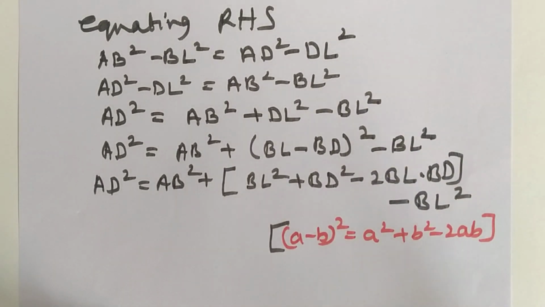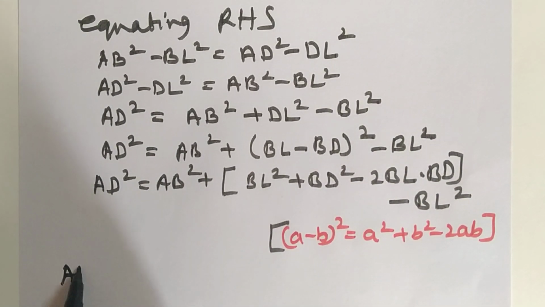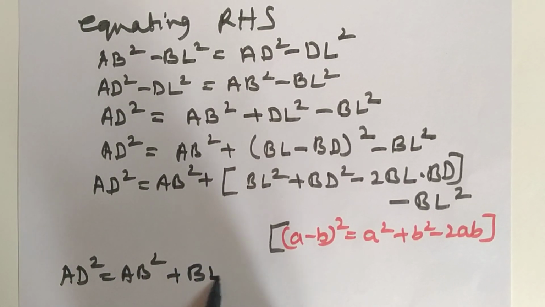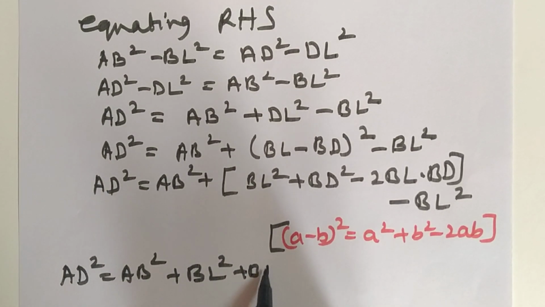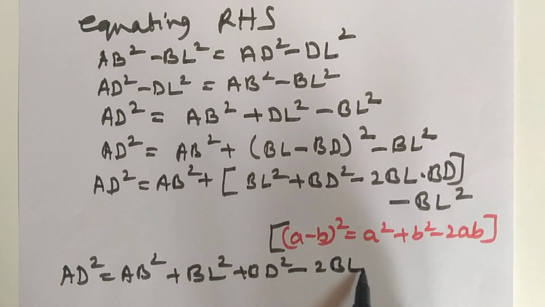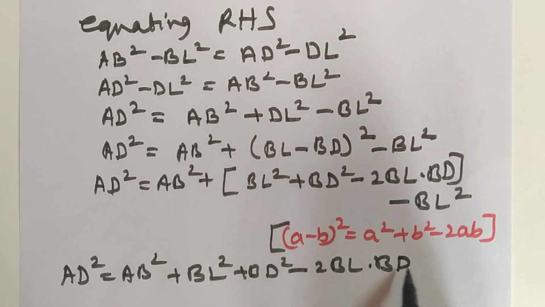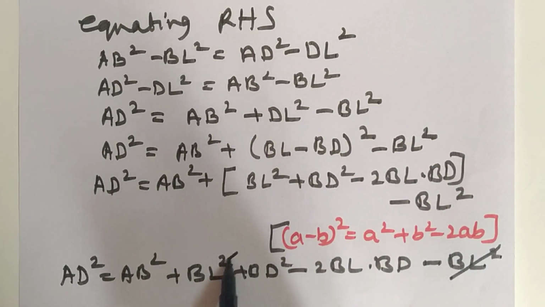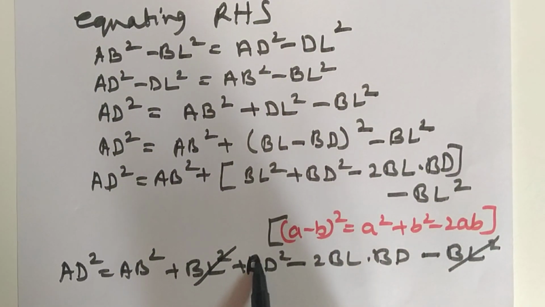So now AD square is equal to AB square plus BL square plus BD square minus 2 BL into BD minus BL square. So this BL square is cancelled out with this BL square.